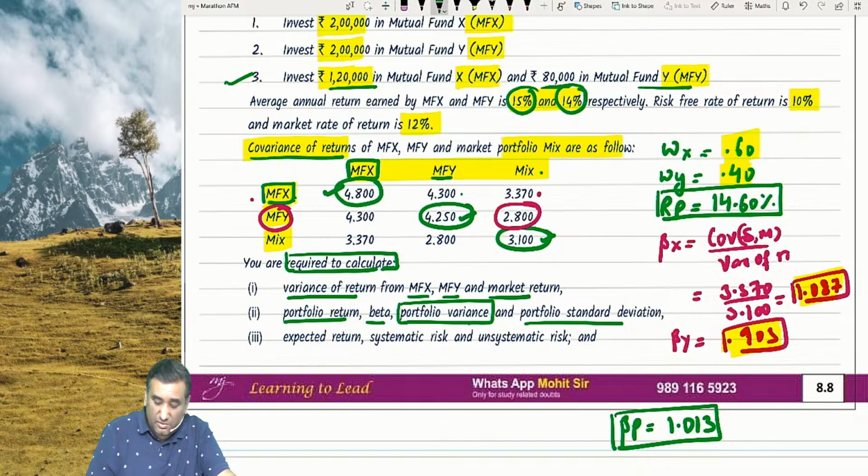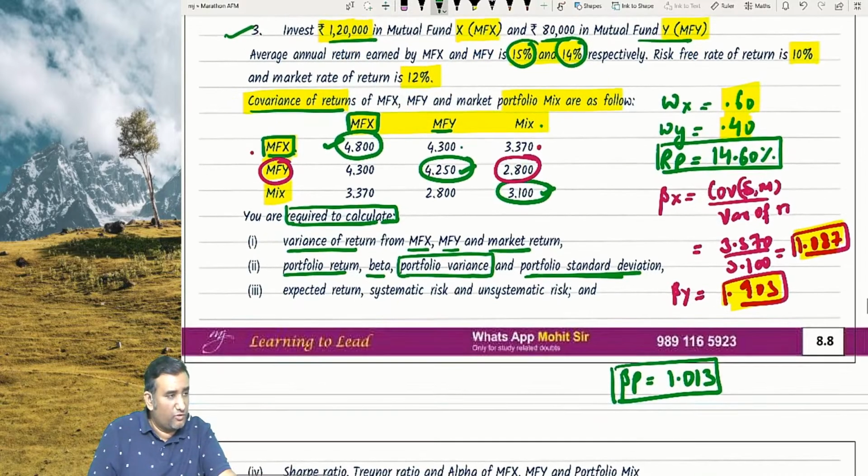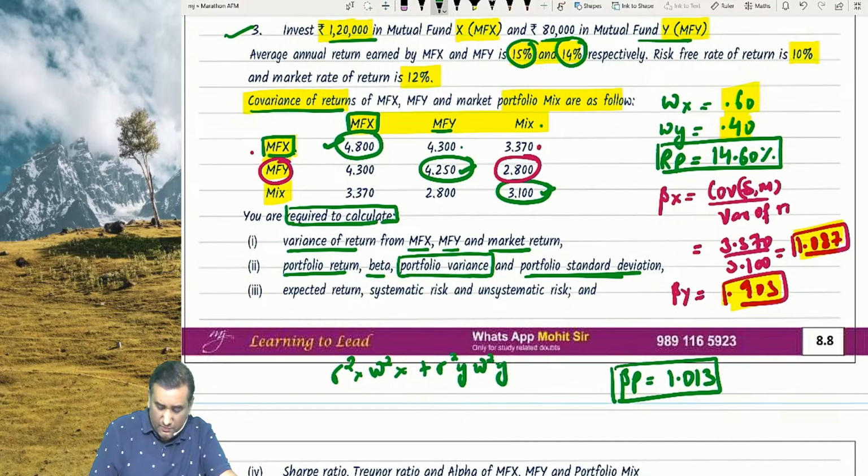Portfolio standard deviation and portfolio variance. Standard deviation square of a portfolio will be standard deviation square of X plus standard deviation square of Y plus 2 covariance XY. Variance of X is 4.8 into weight square, 0.6 square.